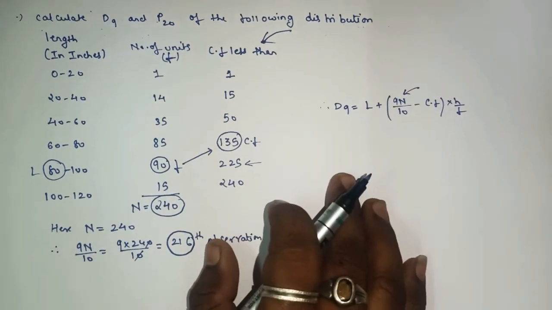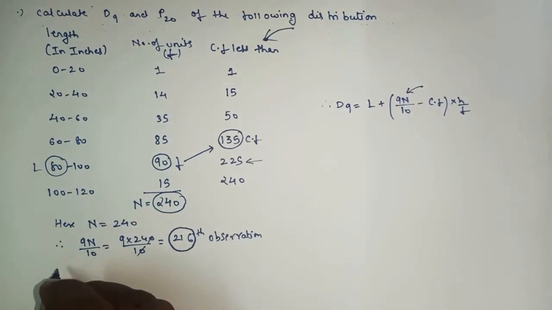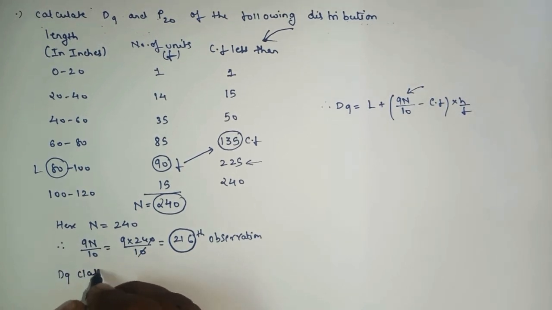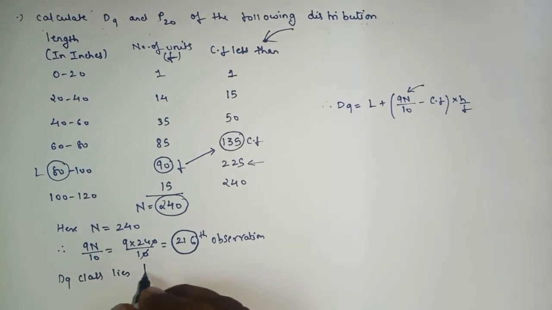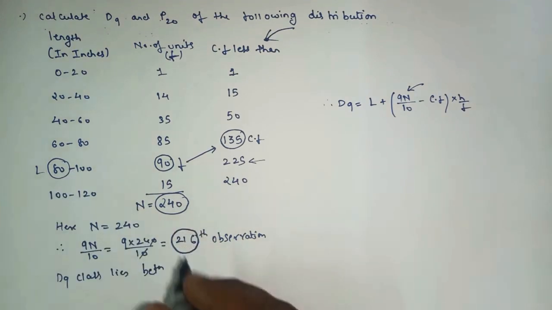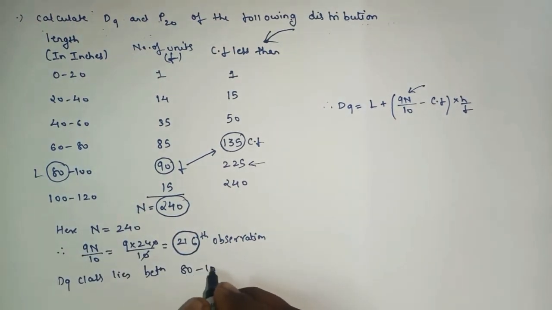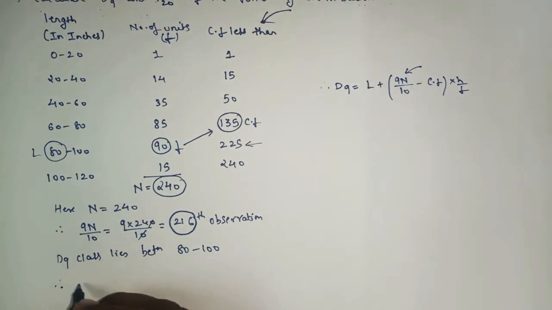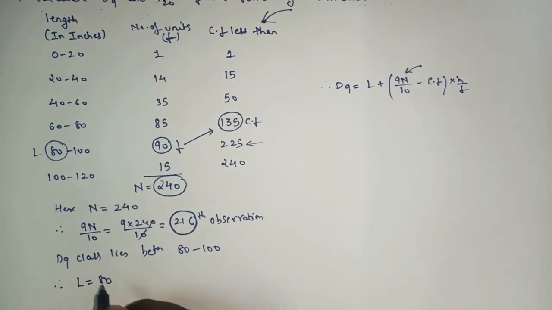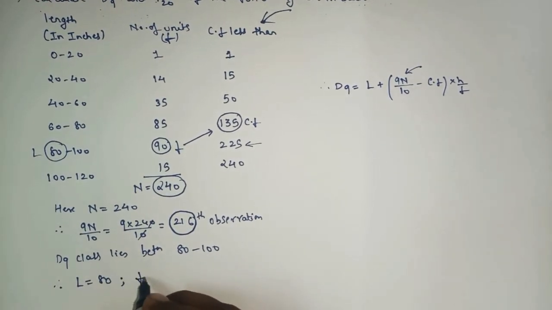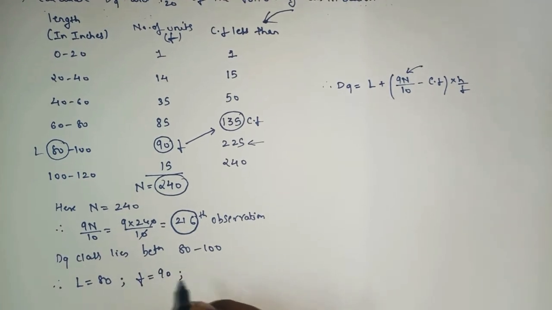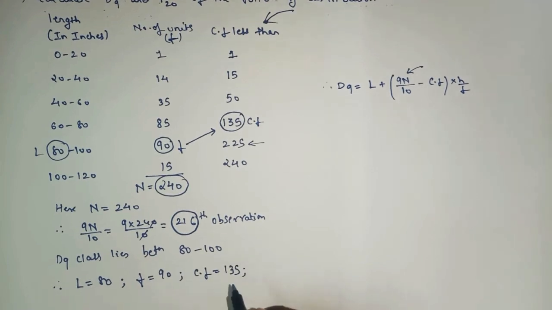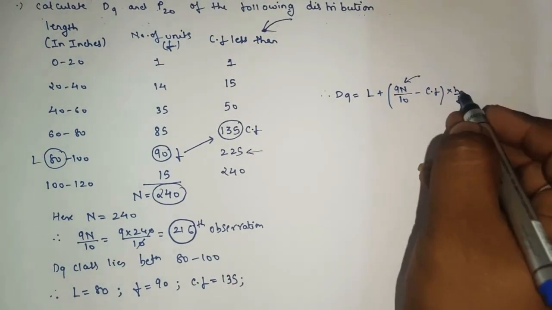So here we'll write: D9 class lies between what? 80 to 100, yes or no? Therefore we got the value of L as 80, f as 90, Cf as 135, and we require one more value which is h.